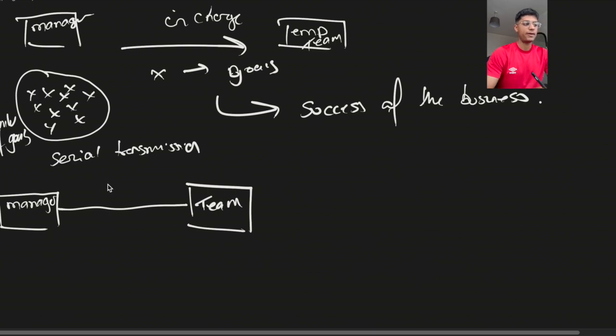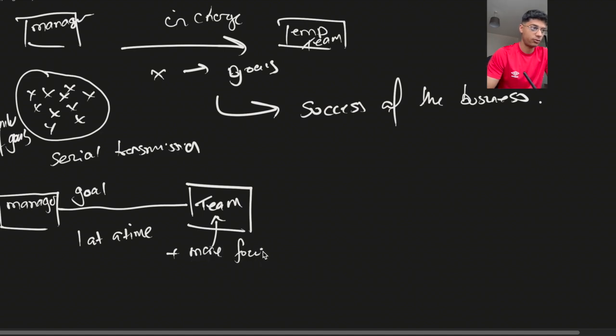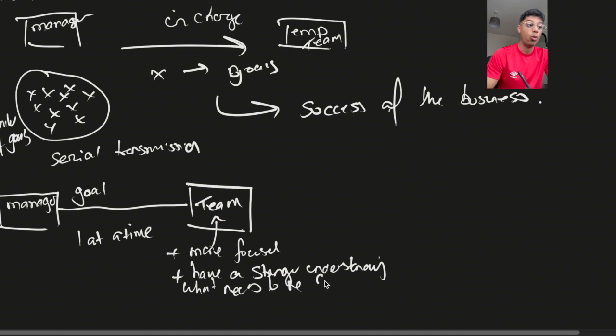So, if you communicate a goal one at a time, the team is more focused, has a higher understanding of what needs to be completed, why it needs to be completed, and a proper understanding of the timeline of when it needs to be completed.